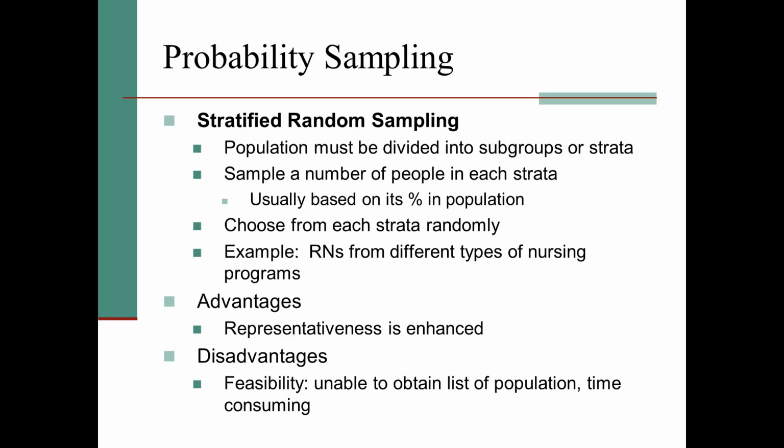And then we'll pull out from the ADNs group randomly a certain percentage of that. So maybe we say that 33% of the state is made up of ADNs. I think that's probably more like 50%. So let's say 50%, say half of the people from the study are going to come from that ADN list.